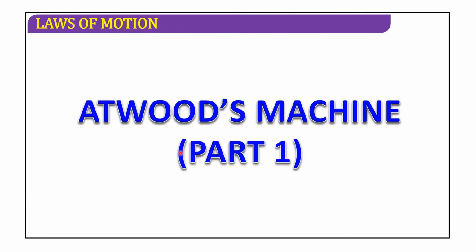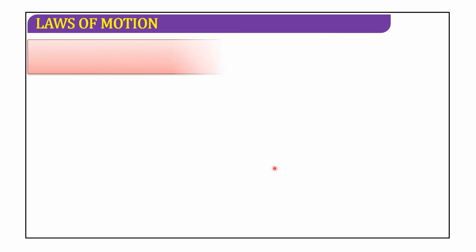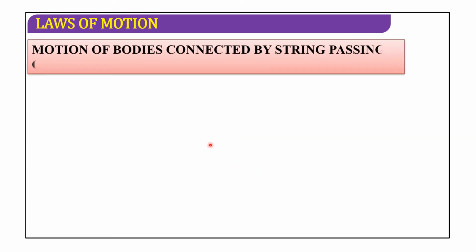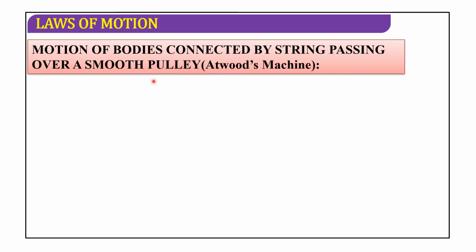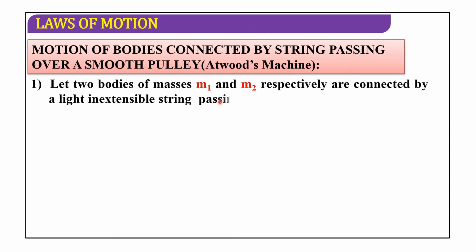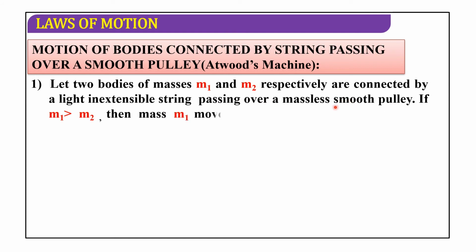Okay, now we will discuss Atwood's machine part 1. Motion of bodies connected by a string passing over a smooth pulley is known as Atwood's machine. Let two bodies of masses M1 and M2 respectively be connected by a light inextensible string passing over a massless smooth pulley. If M1 is greater than M2, then M1 moves downwards and M2 moves upwards.